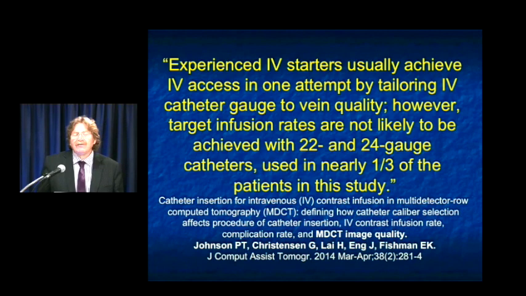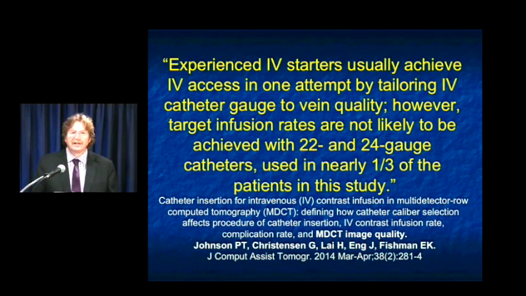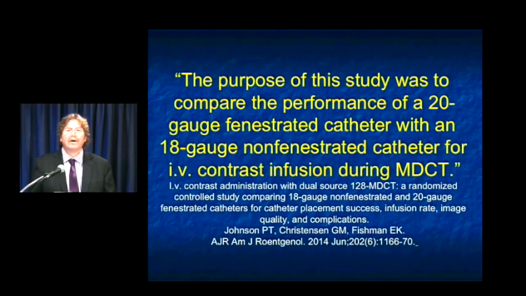So it's not that often they'll put an 18 in and then have to go back and put a 22 in. But on the other hand, what they often will do is use a smaller needle because they feel a large needle will not work, and then you don't have the injection capabilities that you really wanted to have. And so in oncology patients, for example, nearly a third of patients in this study were getting 22 or 24 gauge needles, which is not really what you want.